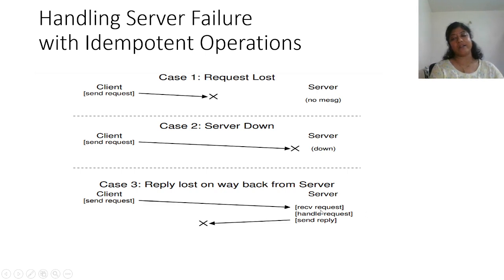The server has successfully received and handled the request, but when the server is sending the reply as an acknowledgement that the operation was performed correctly, at that time the failure occurs. So there are various cases: request lost, server down, or reply lost, but the operation is unsuccessful. All this server failure considering the idempotent operation must be handled correctly and efficiently so that the performance will increase and the failures will be less.